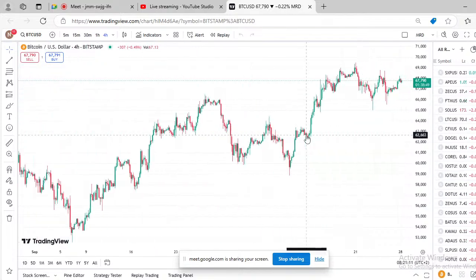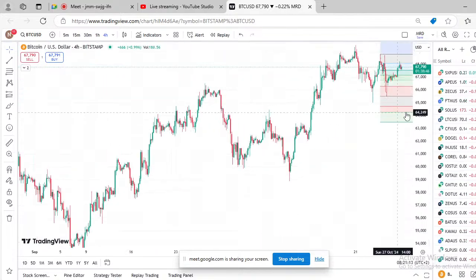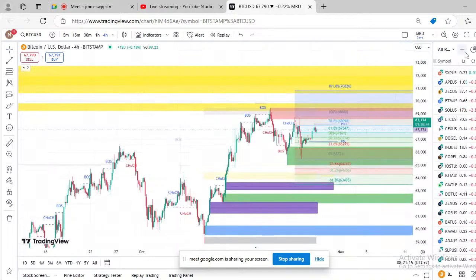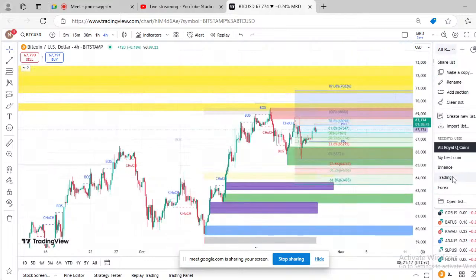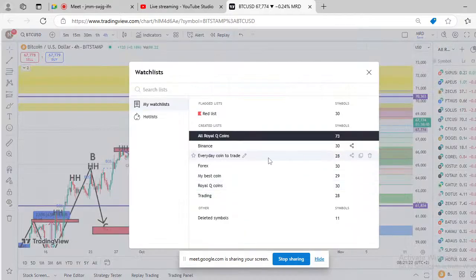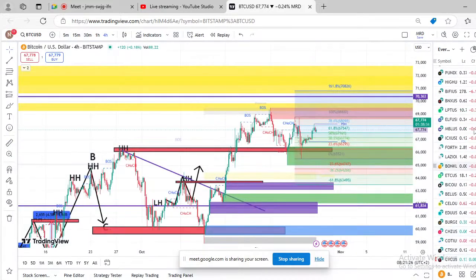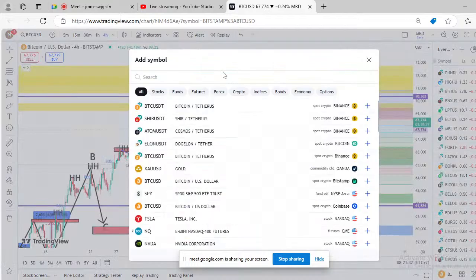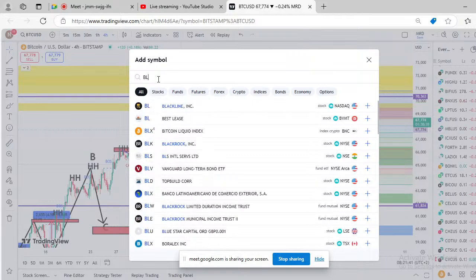It is coming. No problem. Okay, this is BTC. Okay, we need the other one. Let me see here. I'll add it here. It is called the B... Now we write BLZ.